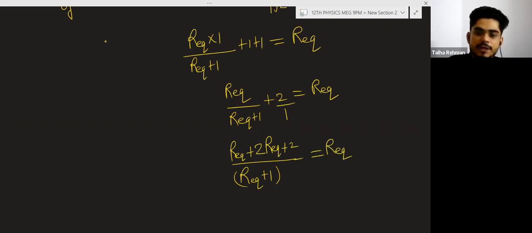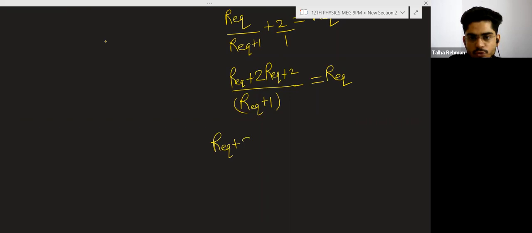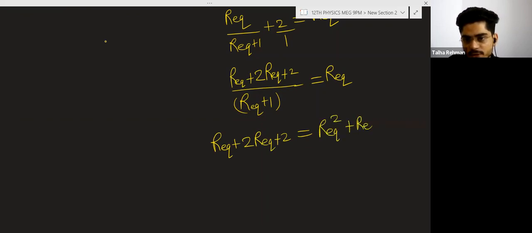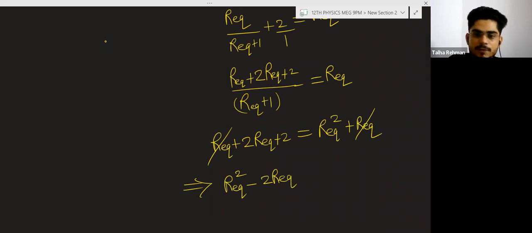Now multiplying this R equivalent with 2 times R equivalent plus 2 will become R equivalent square plus R equivalent. So R equivalent and R equivalent cancel out, and you will make the quadratic equation: R equivalent square minus 2 times R equivalent minus 2 equal to 0.